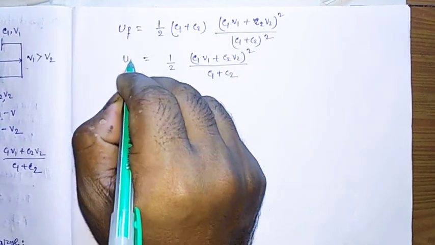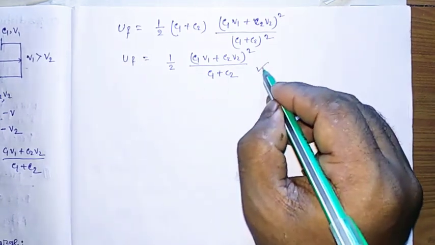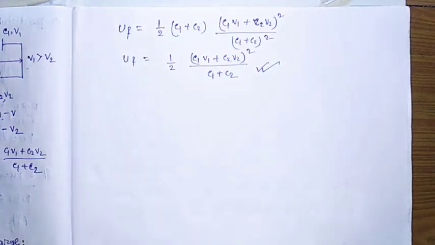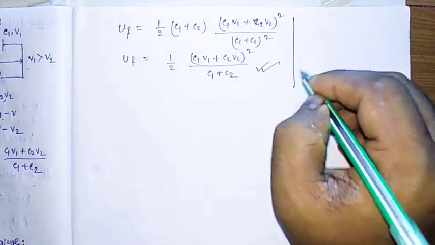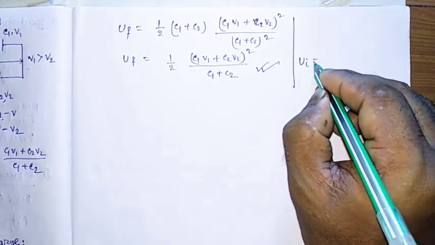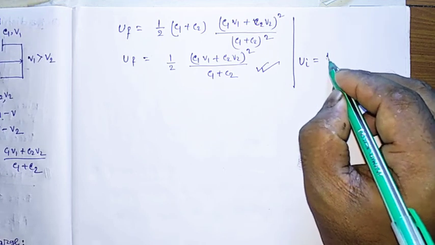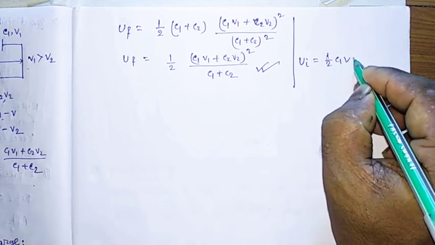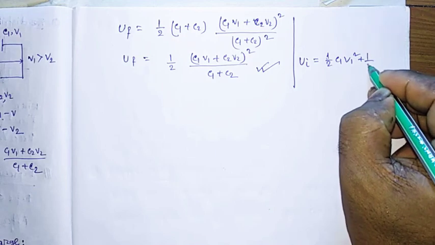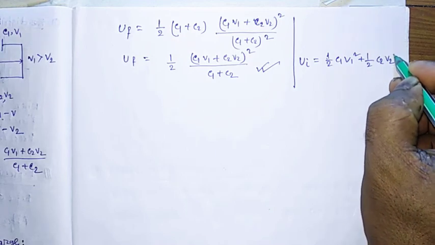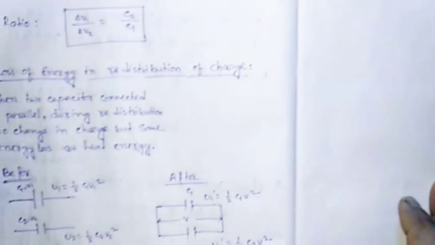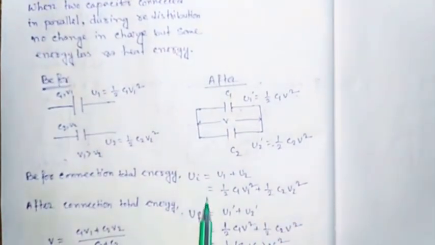So now it is the final expression of the energy, the final energy after connection. Before connection I write here Ui, which we derived as half C1 V1 square plus half C2 V2 square. Here it is Ui, U1 plus U2.